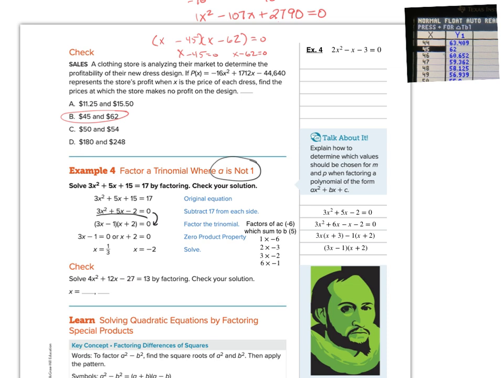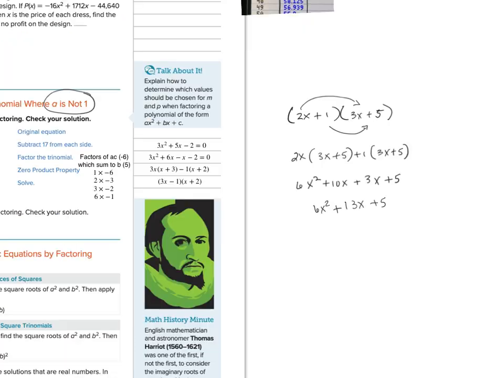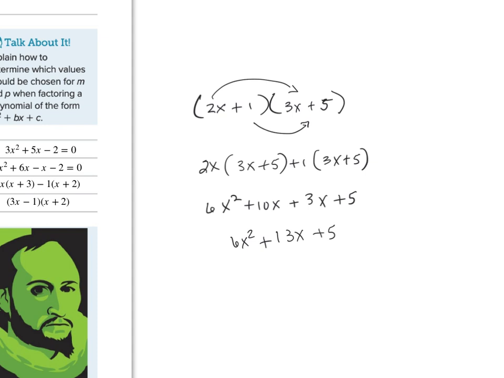We need to learn how to, let's think about what we do when we actually multiply binomials. When you have two binomials, you have to multiply the first term times everything in the other parentheses, and then the second term times everything in the parentheses. Sometimes we say the FOIL method, the double distribution.